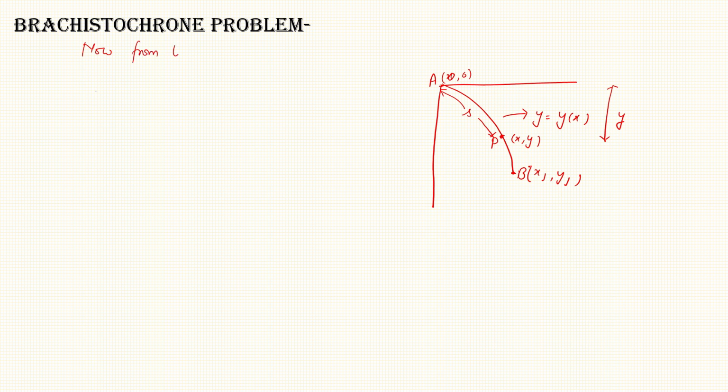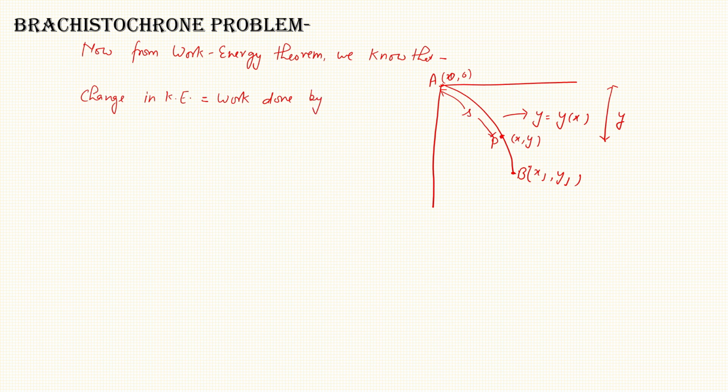Now, from the work-energy theorem, we know that the change in kinetic energy will be equal to the work done by the particle from moving point A to point B. Since the particle starts from rest, the initial kinetic energy will be 0.